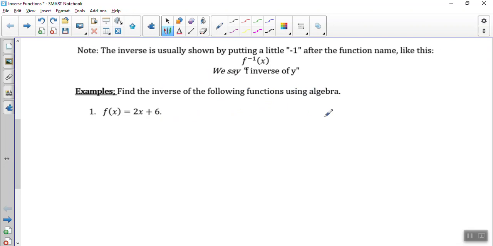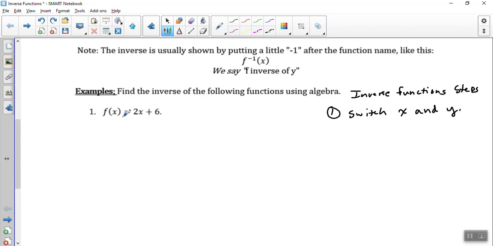Alright, so the first step, always, when you're looking for inverse functions, I'm just going to write the steps. The first step would be to switch x and y. So I go to my original, I see my x here, but where is my y?